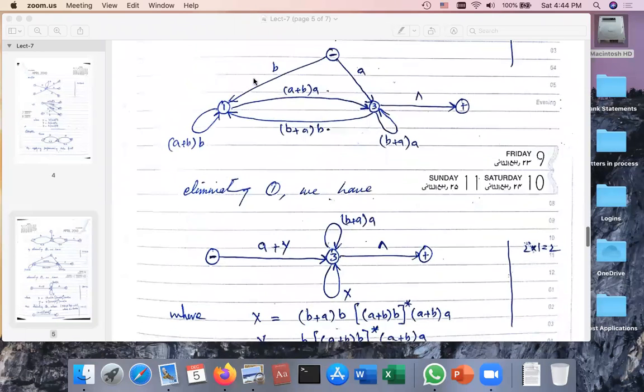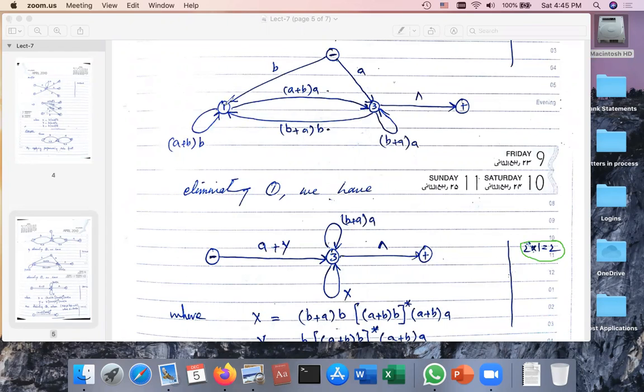So I am eliminating this state 1. If I do not consider these loops according to the rules, the incoming edge is 1, and then 2, and then outgoing is 1. So 2 plus 1 mentioned here is equal to 2.